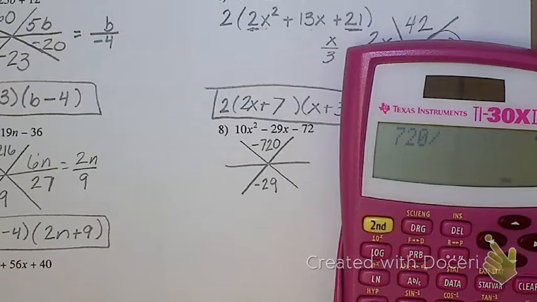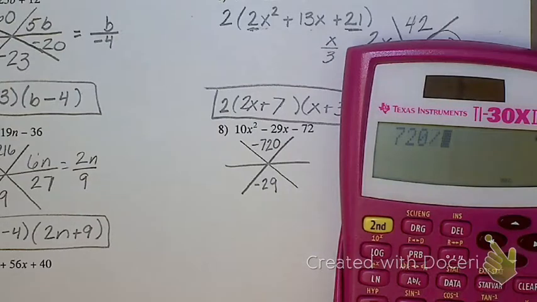Let's see, what if I did 35? Nope. 36 and 20. We're at 50 apart, aren't we? No. 36 and 20, 16 apart. Okay. 34. No. 38.